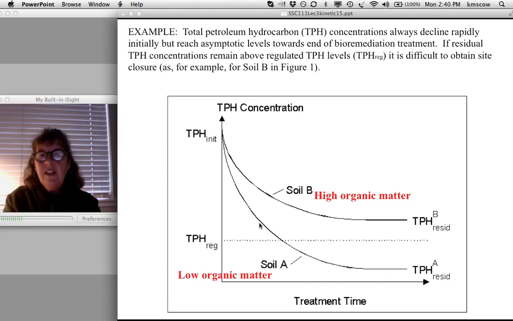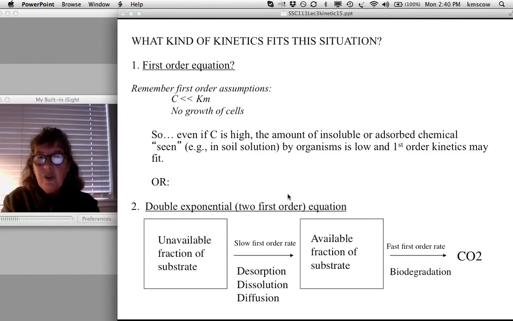So in the soil that doesn't have a lot of organic matter, not a lot of sorption, it will break down pretty fast, pretty straightforward. Regulators will stamp that site with a stamp of approval, carry on. Whereas if you have a soil with a high organic matter content, then as we showed here in this equation, a large portion of that petroleum is going to be unavailable.